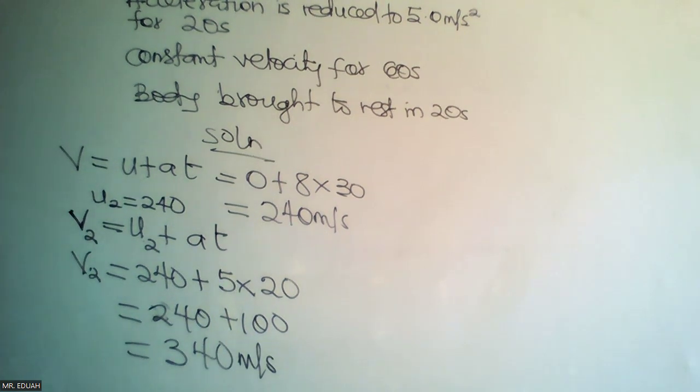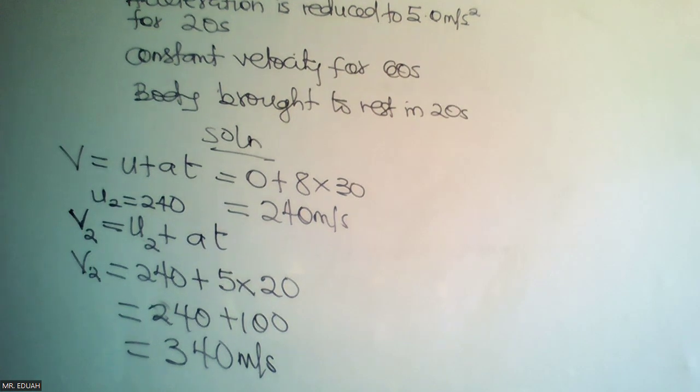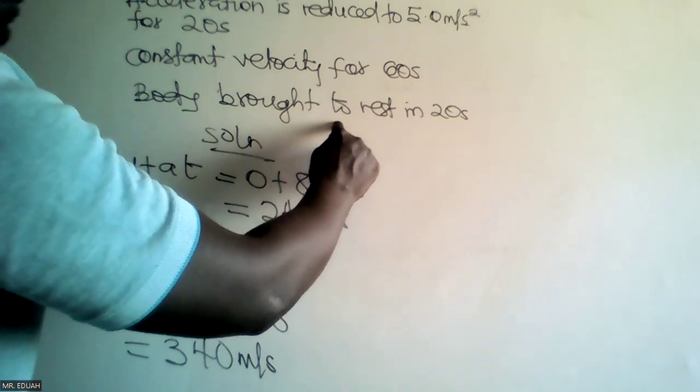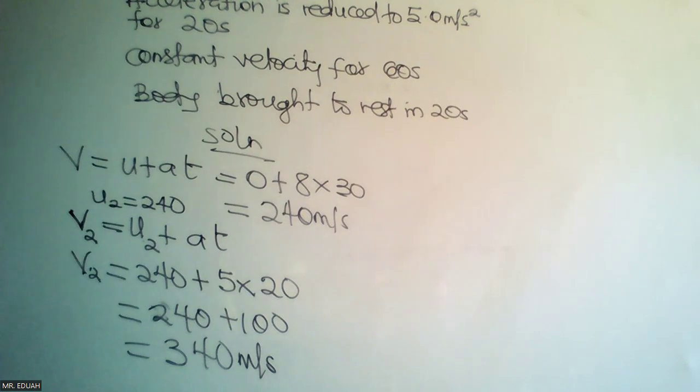Then the third part of the motion, he said he maintains this velocity for 60 seconds. And then the body is brought to rest. Okay. So this will be maintained for 60 seconds. Then from there, the body is brought to rest.